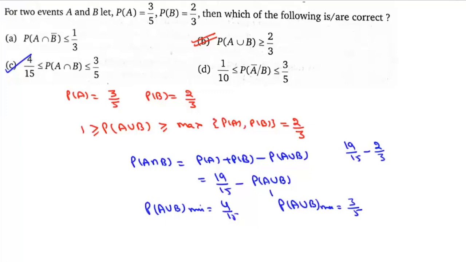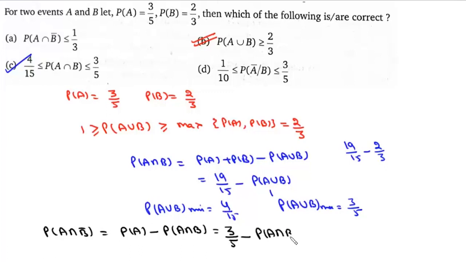Now we look at the probability of A intersection B complement. The probability of A intersection B complement is the probability of A minus the probability of A intersection B. Now the probability of A is 3 by 5 minus the probability of A intersection B. Now we are looking for its maximum value. Its value will be maximum when the value of A intersection B is minimum.